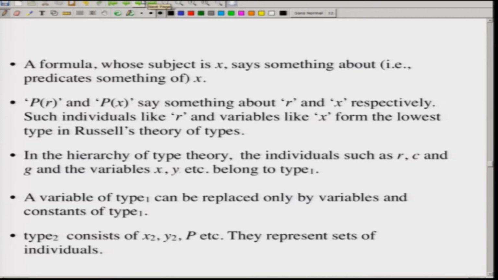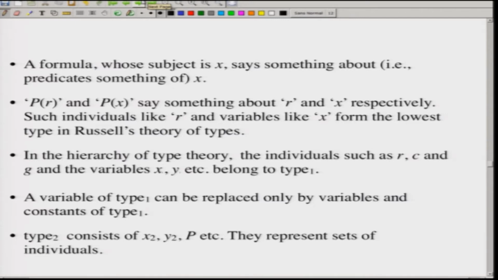A formula whose subject is S says something about x. In other words, it predicates something of x, it attributes a property to x. Now, Pr and Px say something about r and x respectively. Such individuals like r and variables like x form the lowest type in Russell's theory of type.